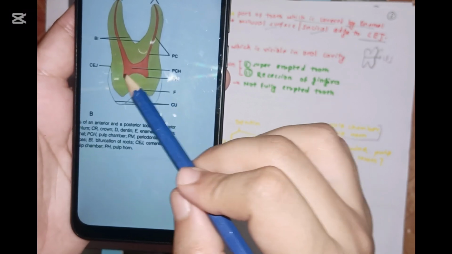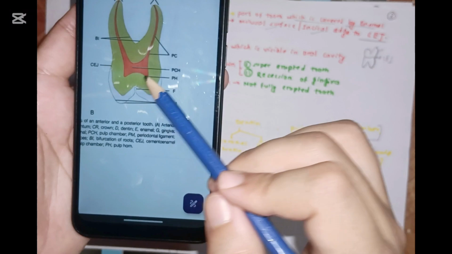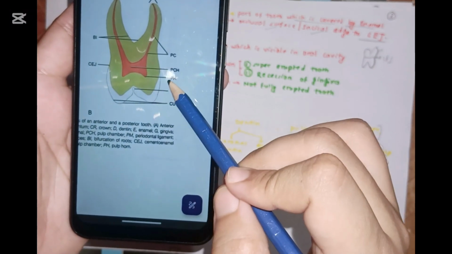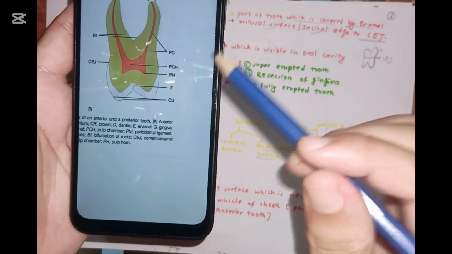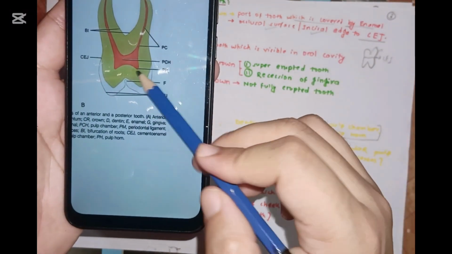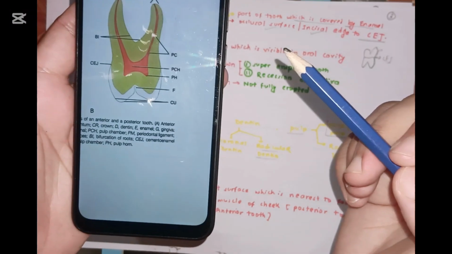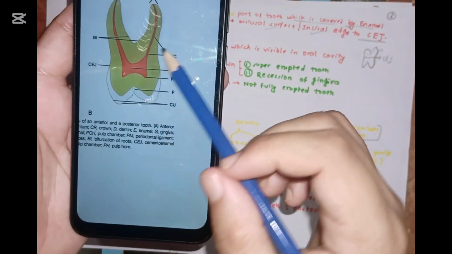These are pulp horns, directed towards the cusp. In the primary tooth, these pulp horns are more prominent than in the permanent tooth, which we will discuss in further videos. Pulp horns are more prominent in the primary tooth, and that has some clinical importance, which we will discuss there itself.